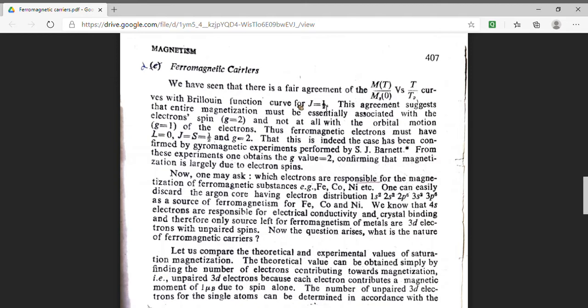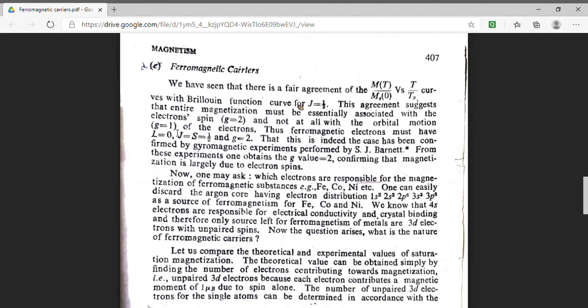That means the magnetization arises because of electron spin. That means Landé factor g equal to 2, and there is no contribution of orbital motion in magnetization. That means we do not have g equal to 1.